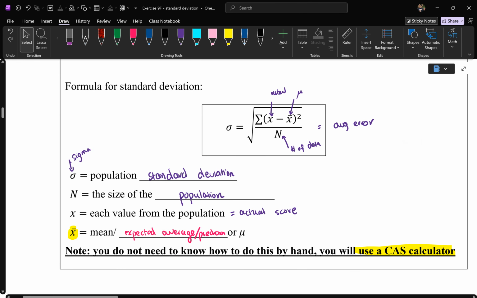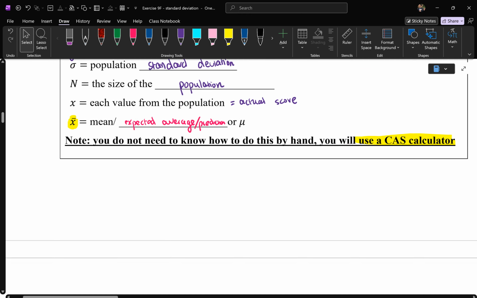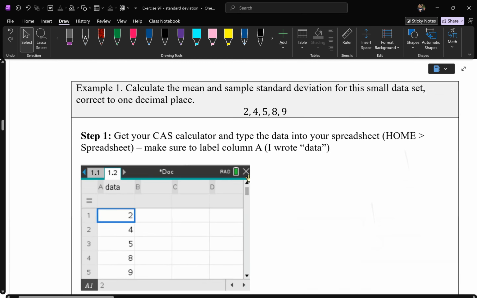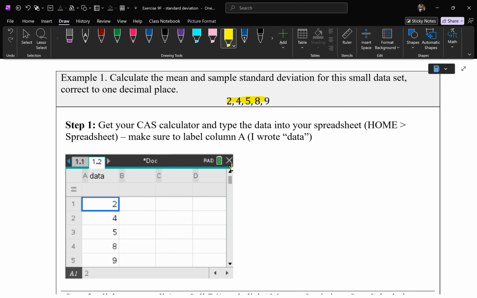All right, have we copied what we need to? Good. On to the next page. Remember, I'll print these out for you to have a hard copy for next lesson as well. But copy the numbers down that you're going to type onto your CAS calculator. So I want you to enter 2, 4, 5, 8, and 9.